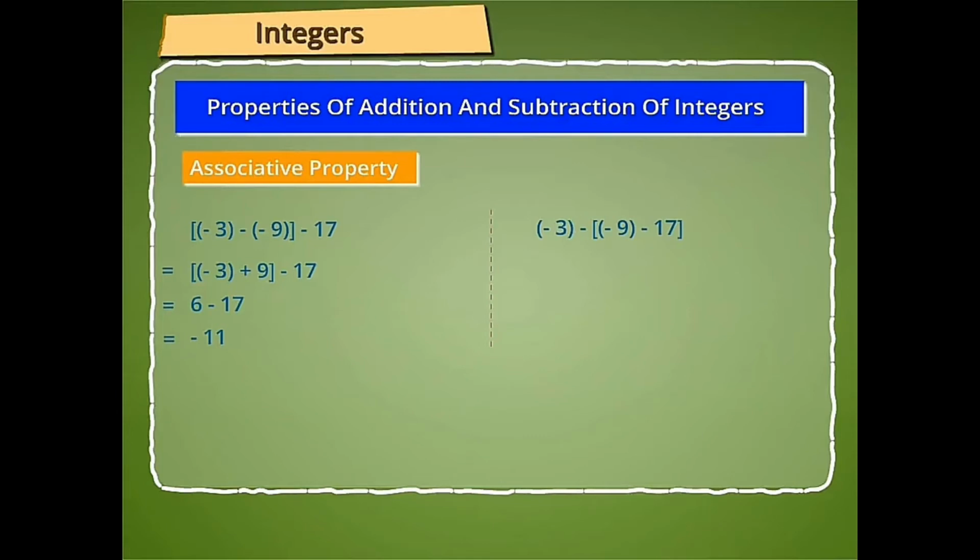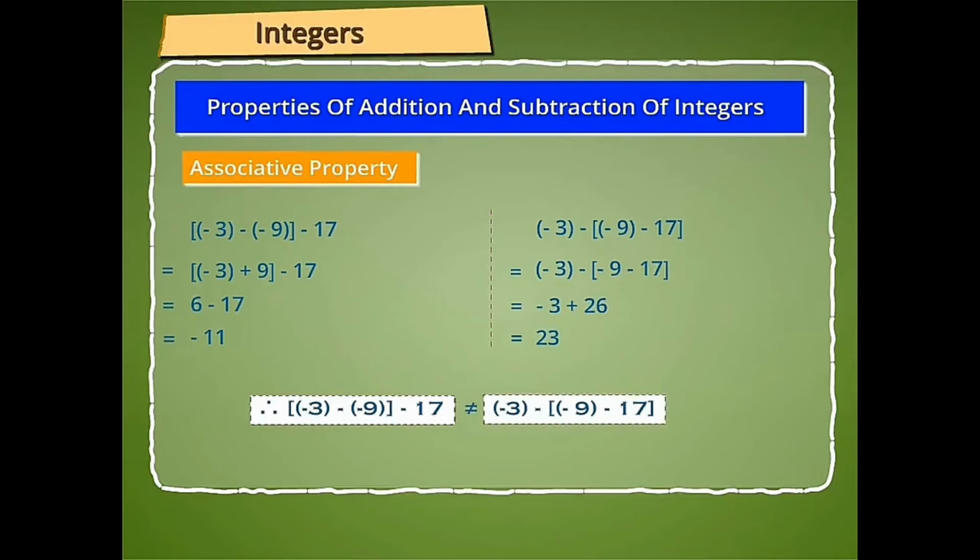And minus 3 minus minus 9 minus 17 grouped differently is equal to minus 3 minus minus 9 plus minus 17, that is equal to minus 3 minus minus 26, that is equal to minus 3 plus 26, that is equal to 23. Therefore, the two groupings are not equal.